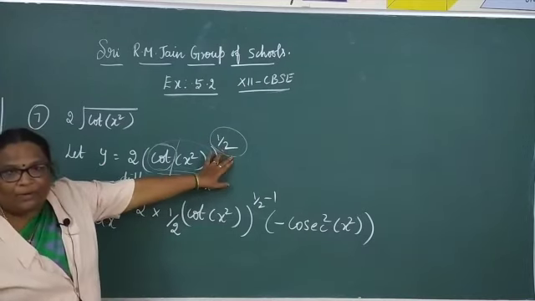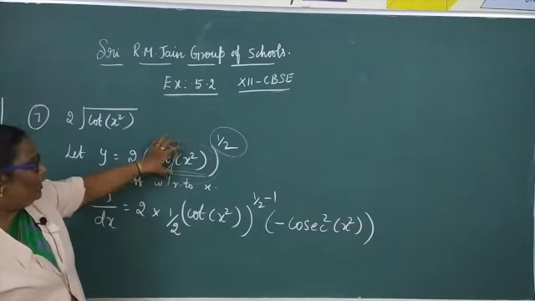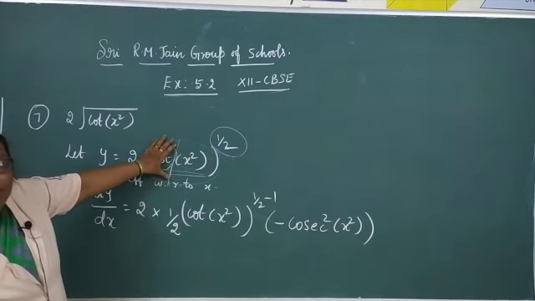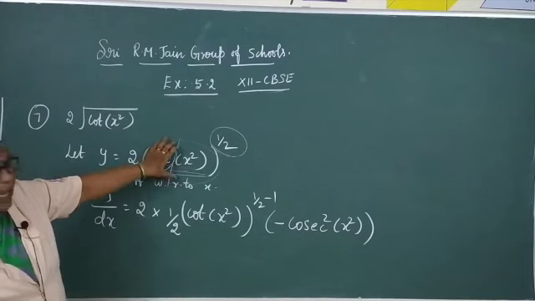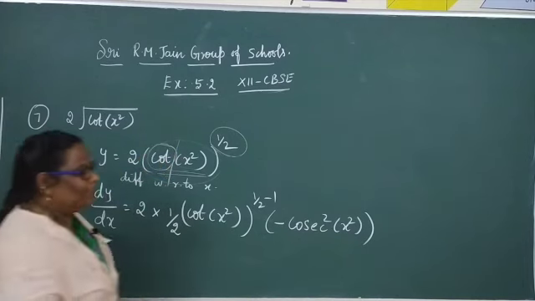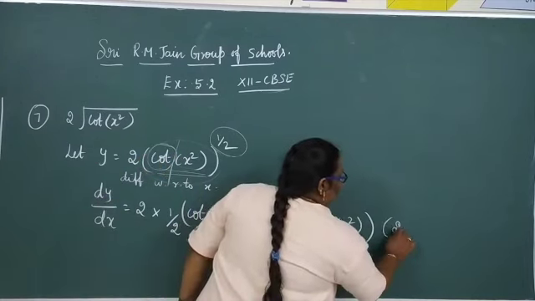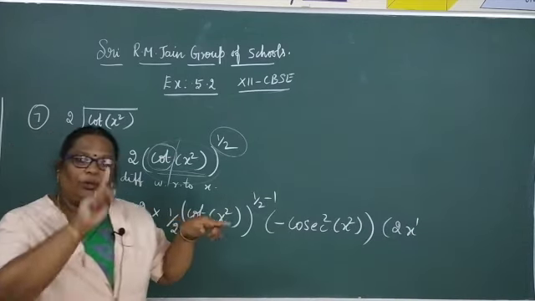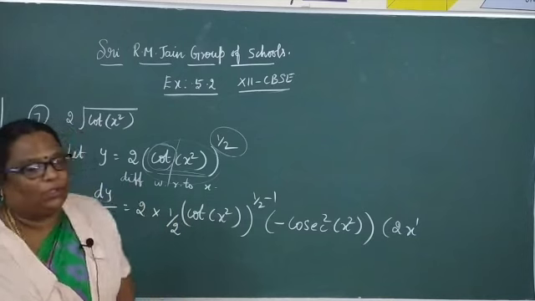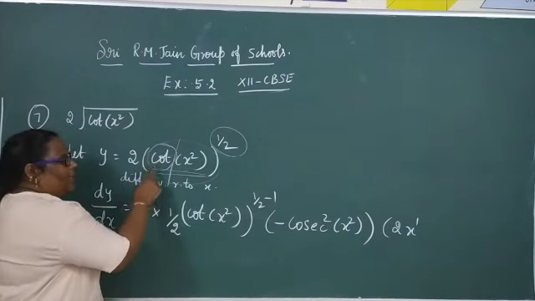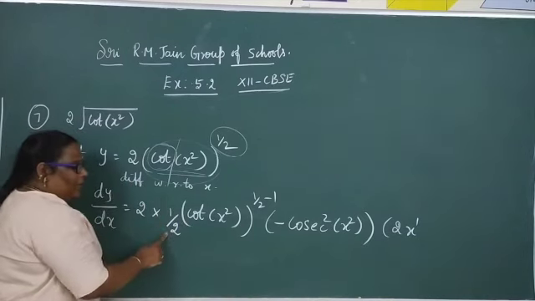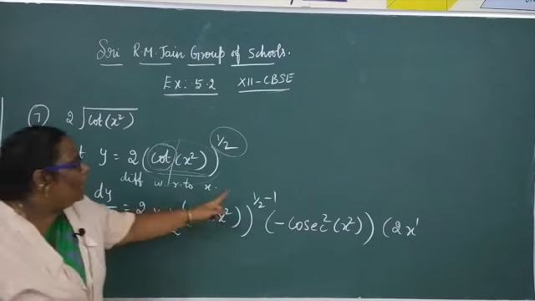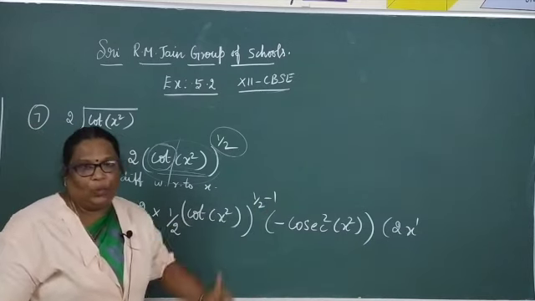So the power part is over, cot is over. Then what is the third one? X square. X square is 2x to the power 1. That power you bring down, you reduce one from the power. That's all. First power, n into x power n minus 1.